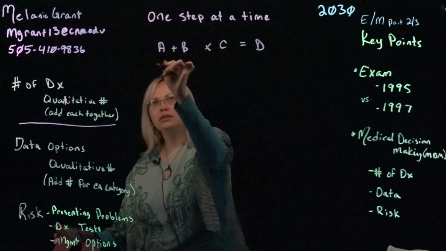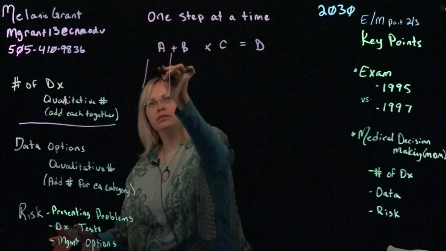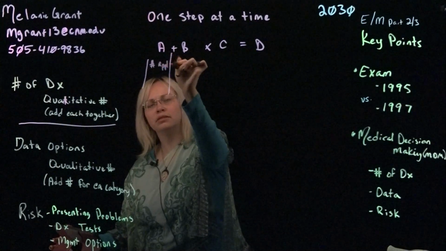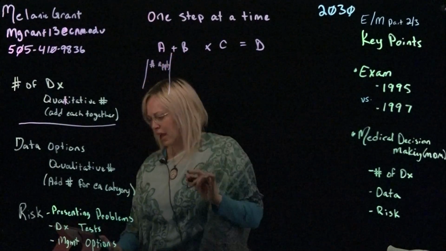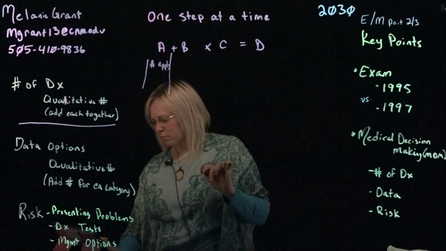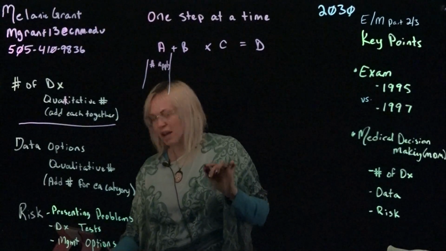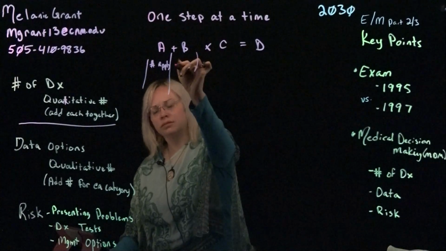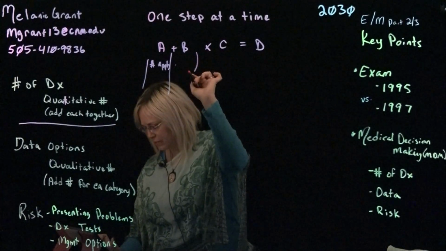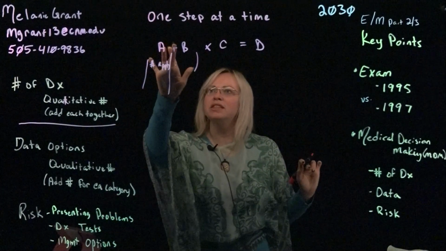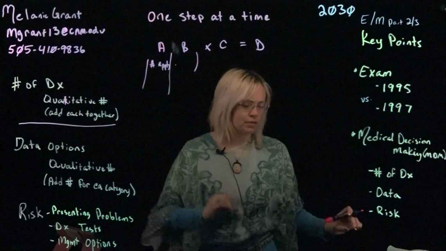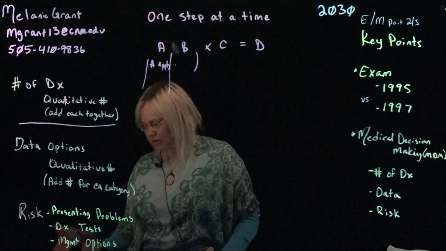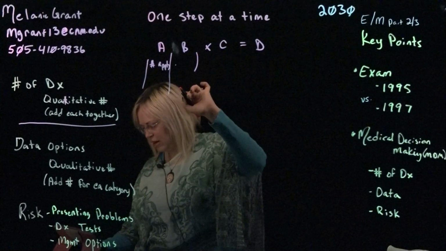How many of this category applies times or plus the maximum number. I'm sorry, they didn't say A plus B, they say AB times C equals D. So they're not wanting you to apply A. Sorry about that.